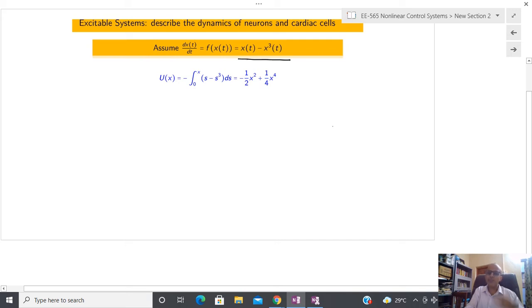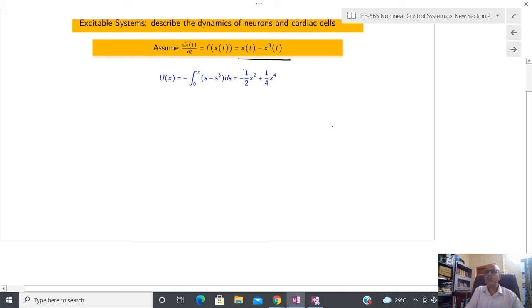Those of you who have some idea of biology might know that whenever some information or excitation comes to the neurons, some firing comes into the picture, and using that firing, information is transferred from one point to another.